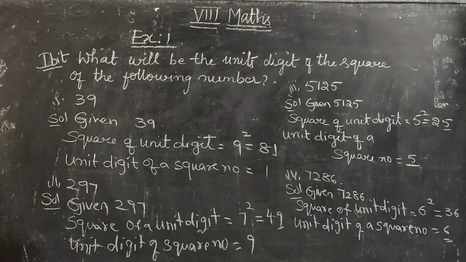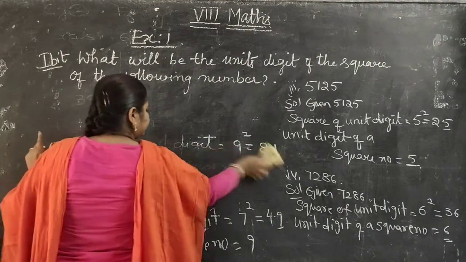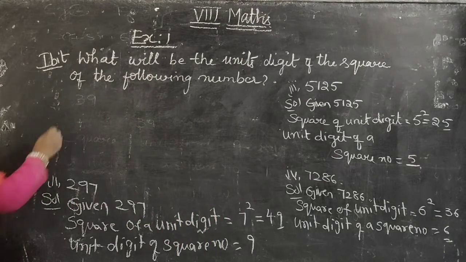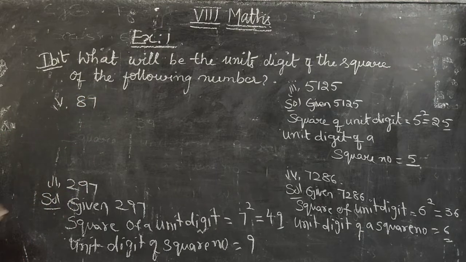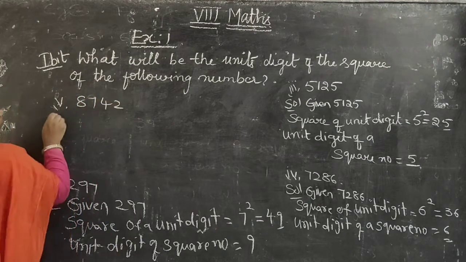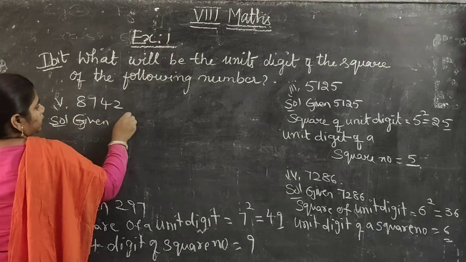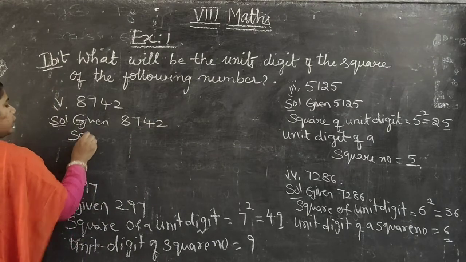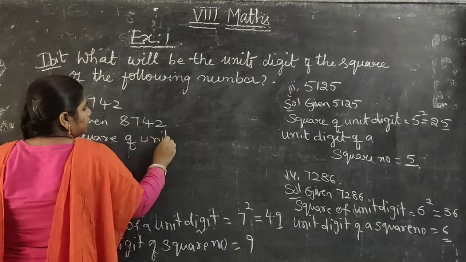Last one, 8742. So what is the given number? The given number is 8742, and first we have to find the square of the unit digit.